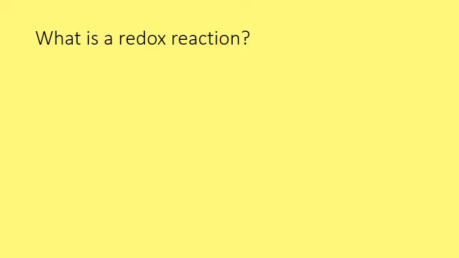So let's have a look at an example here. A very simple reaction between sodium and chlorine. And as we know, we get sodium chloride. What's happened is an electron from sodium has been transferred to one of the chlorine atoms in the chlorine molecule. So let's just draw this like that.